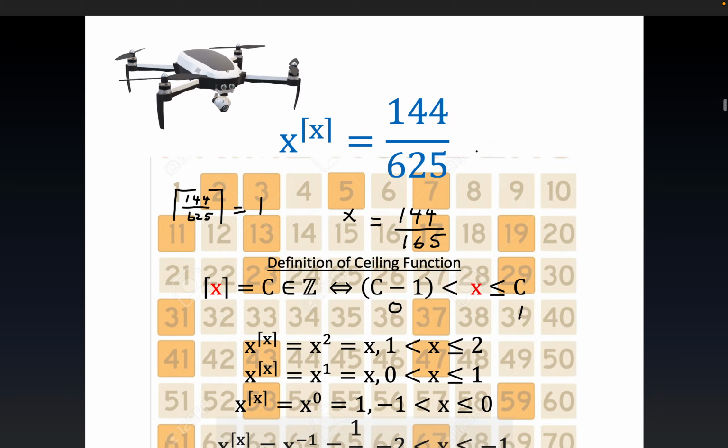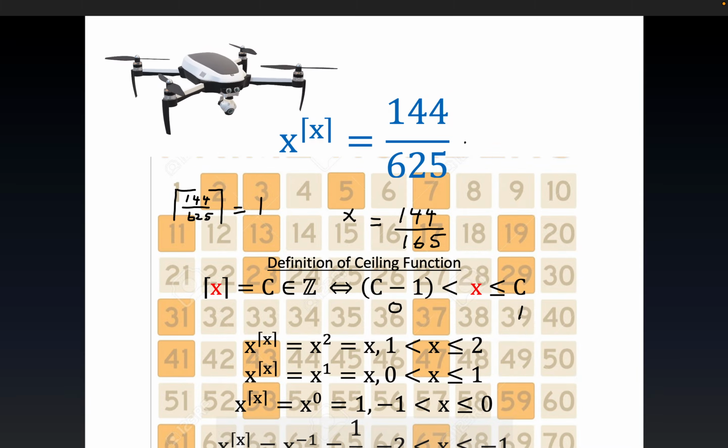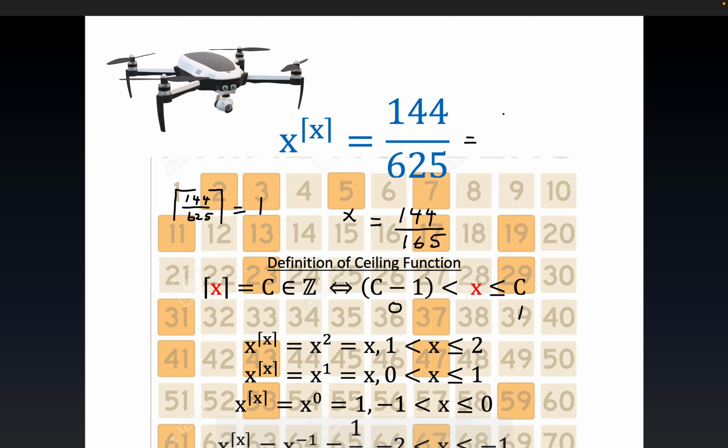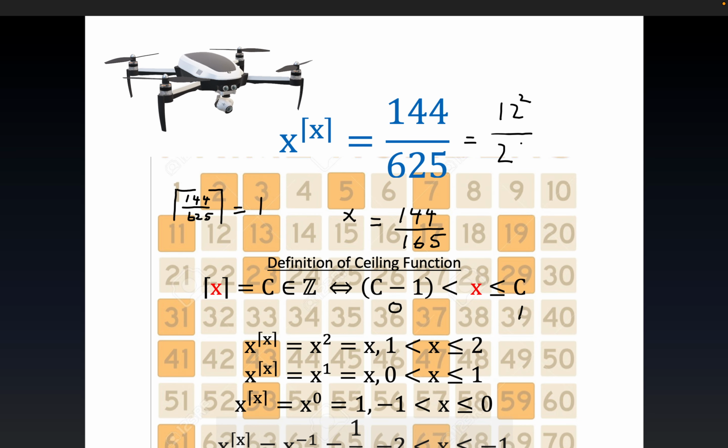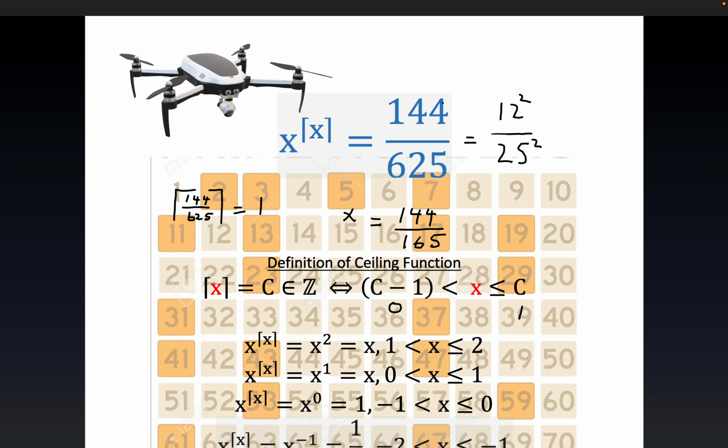Notice that this is equal to 12 squared over 25 squared. You don't have to do this, it just makes the computations a little bit easier. But it is the quotient of two square integers. I refuse to call them perfect squares. So 12 squared is 144 and 25 squared is 625.